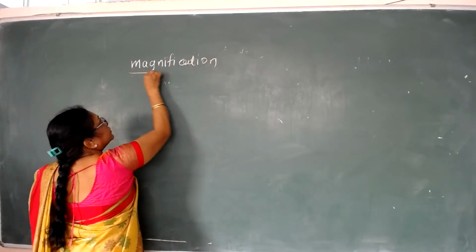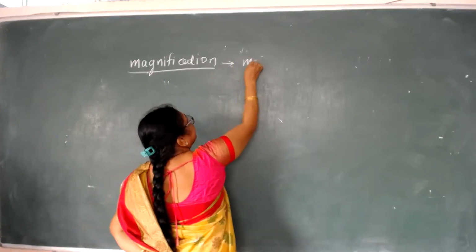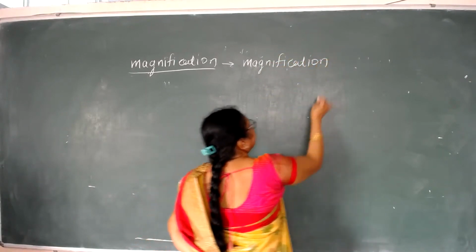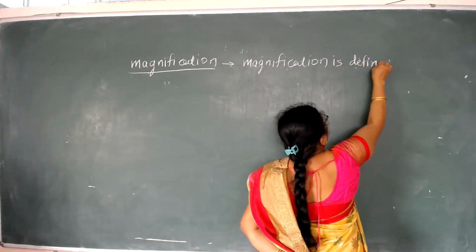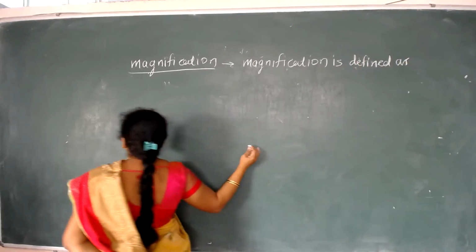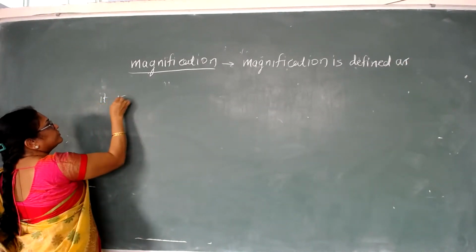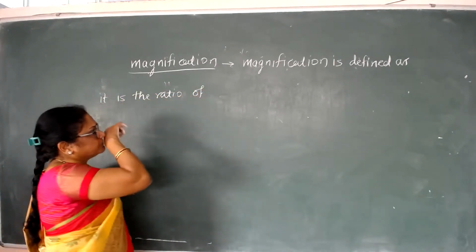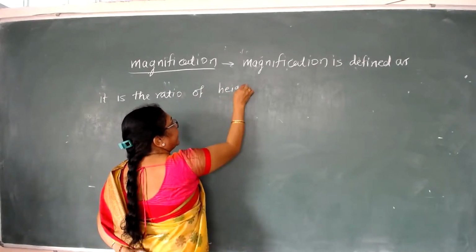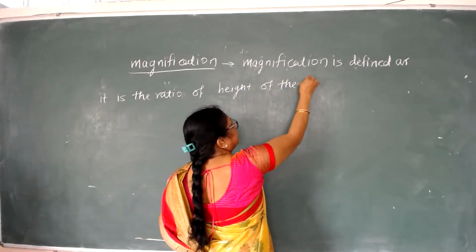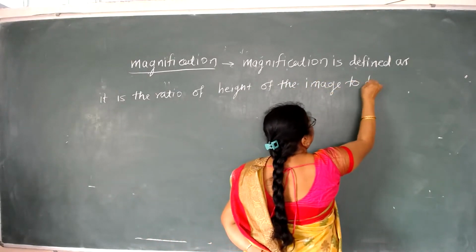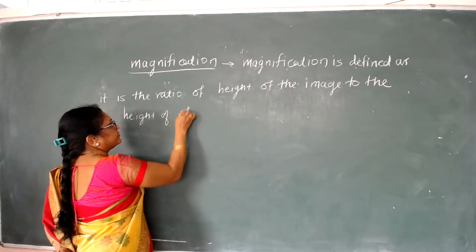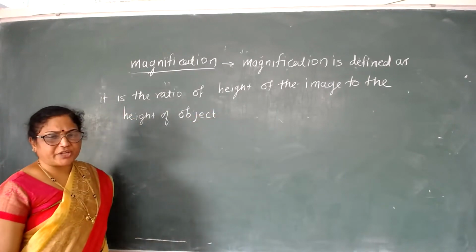Magnification is defined as the ratio of the height of the image to the height of the object.